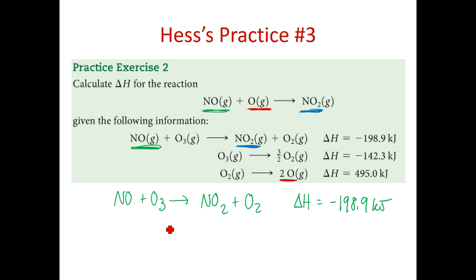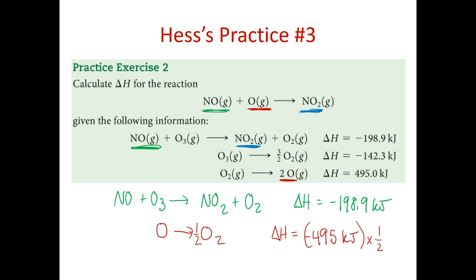So I'm going to reverse it. So it becomes O2 makes O2 gas, and its delta H is negative 495 kilojoules. That's the reverse. And then I'm going to cut everything in half. So I'm going to take 1/2 of 2, which is just 1, and then 1/2, and then I'm going to take this number and multiply it by 1/2.